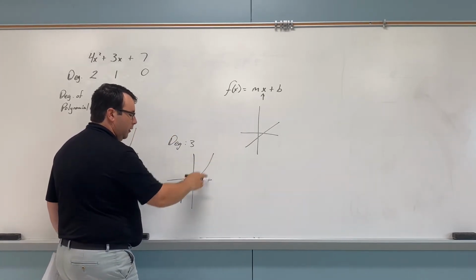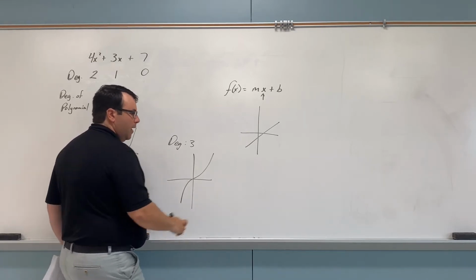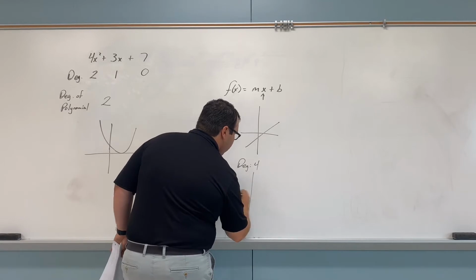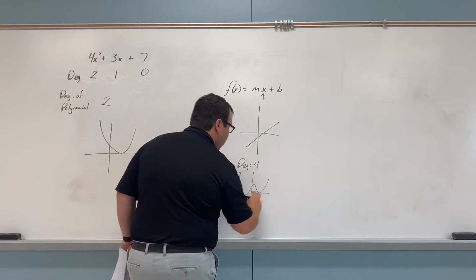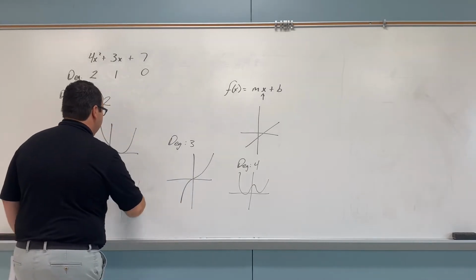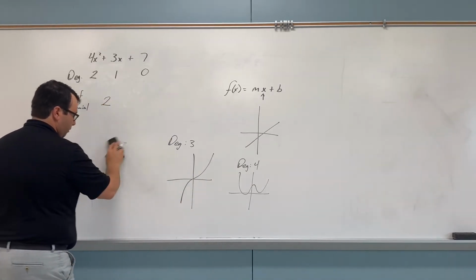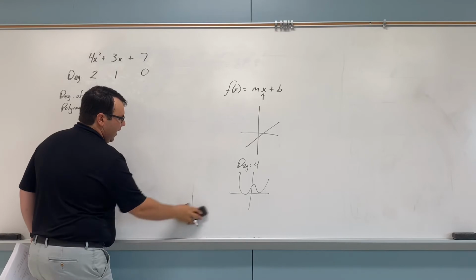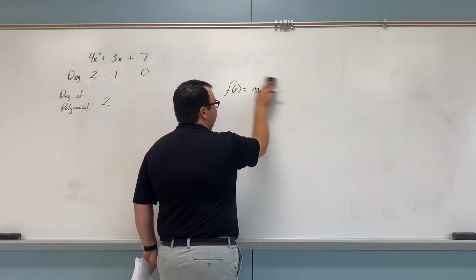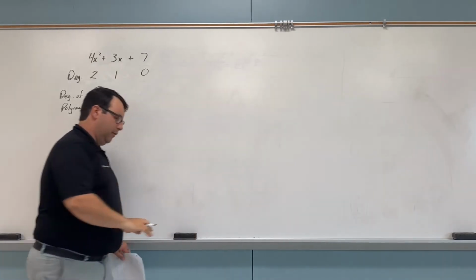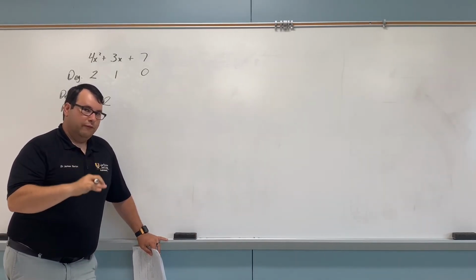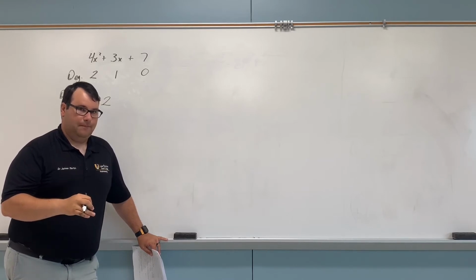I start to curve even more. If I were to have a degree of 4, that gives me even more curvature. And so what happens with the idea of degrees and why they are important is because as you increase the degree value of the polynomial, you increase its curvature graphically.